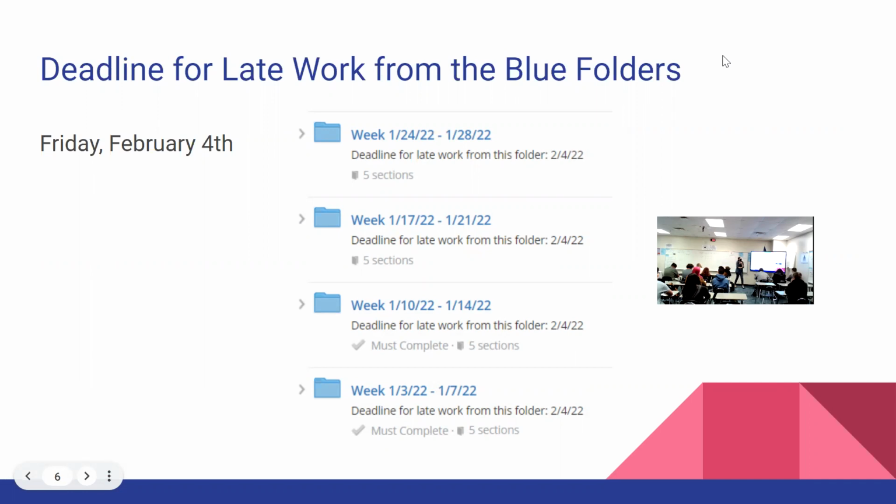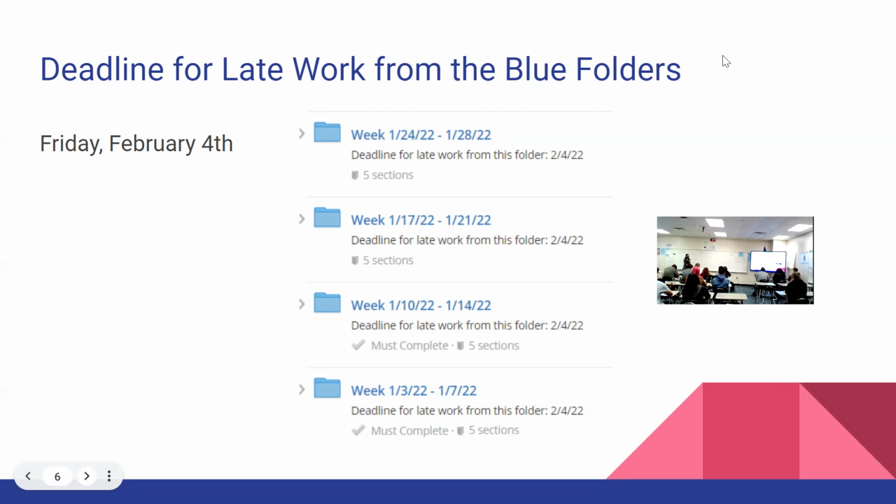Reminder that the deadline for late work from the blue folders is coming up. I organize all the work by color folder, and they all have the same deadline. That's February 4th for the late work from the blue folders. I know some people were absent for an extended time. You're still accountable for the work.